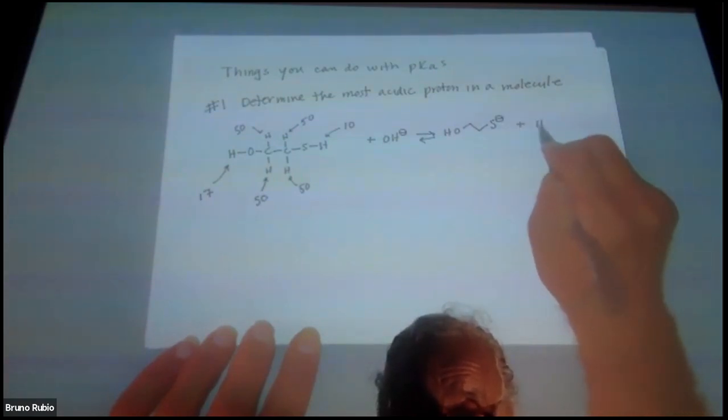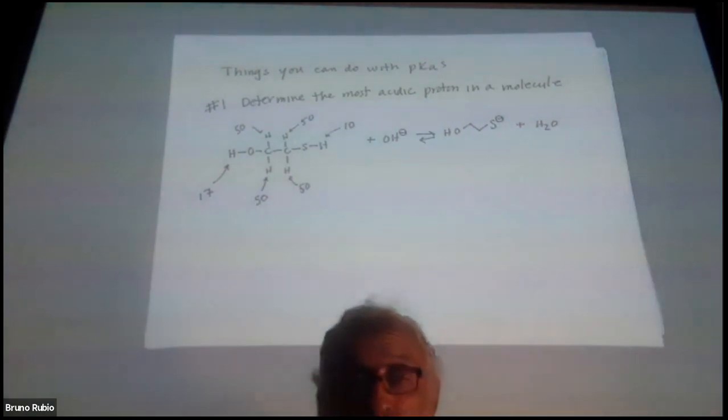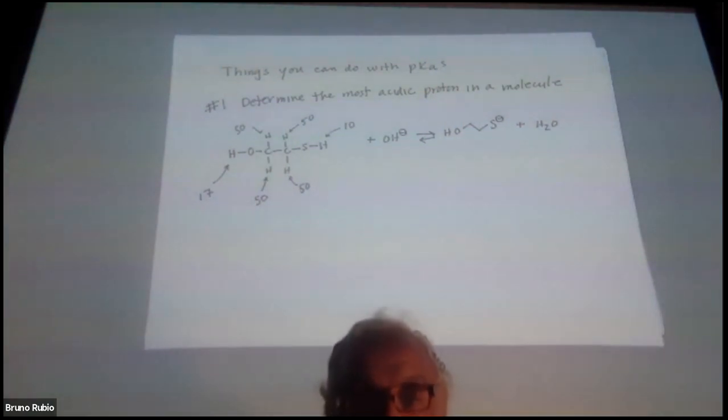That is the proton that is going to be removed by the base. So that's one of the things that we can do with our table of pKa's: we cruise down that table and match up every proton in our molecule with an entry in that table, and that's how we decide what the most acidic proton of a molecule is.